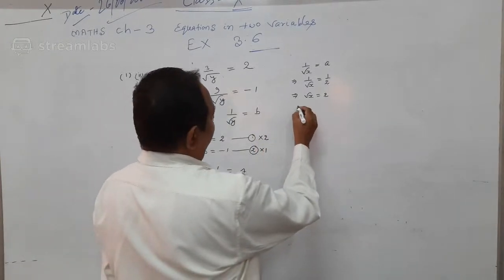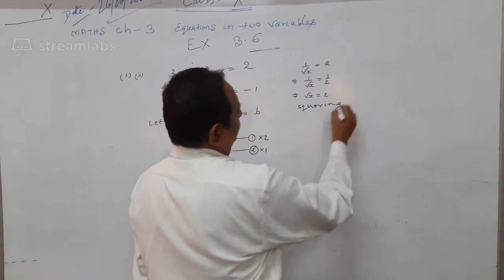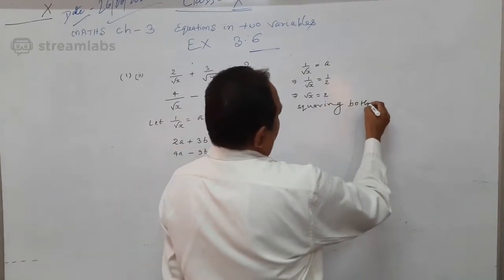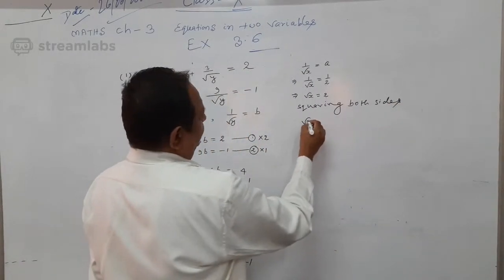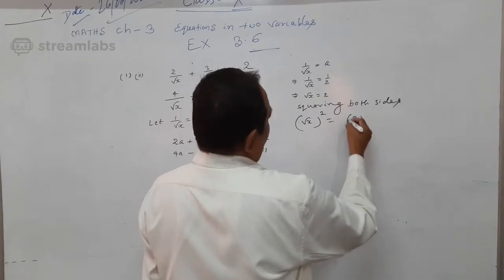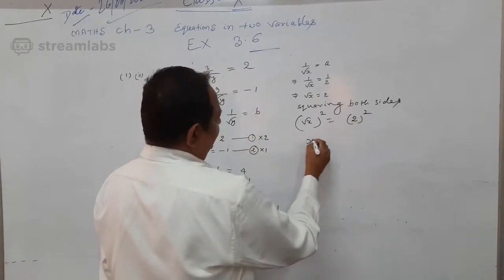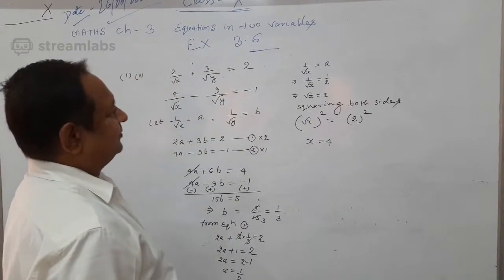Squaring both sides, root x whole square is equal to 2 whole square, that is x is equal to 4. This is the value of x.